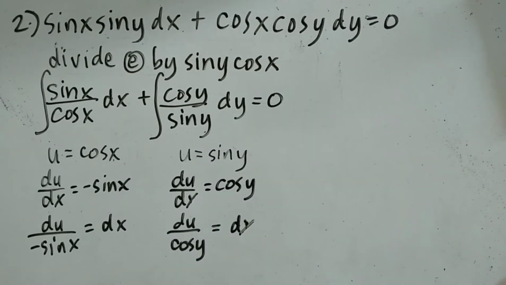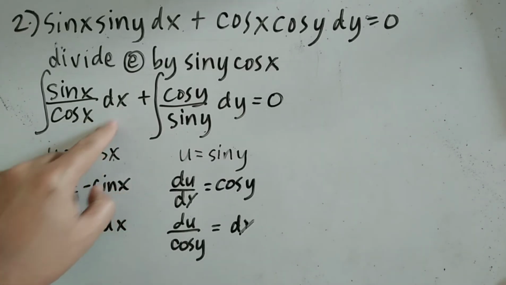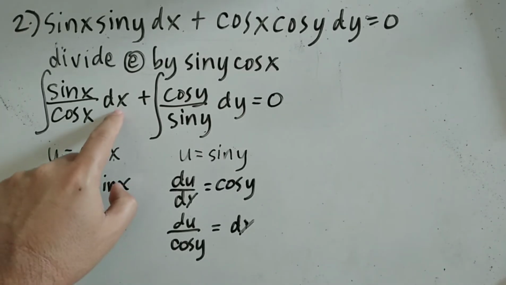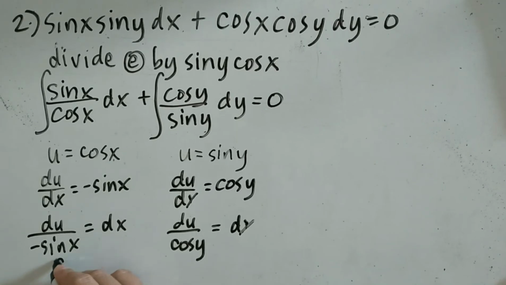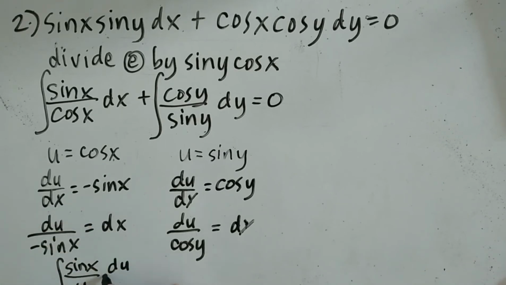Next, we can substitute this value for our dx here. So we have the integral of sine x over cosine x, where our cosine x is our u, and dx is du over negative sine of x.